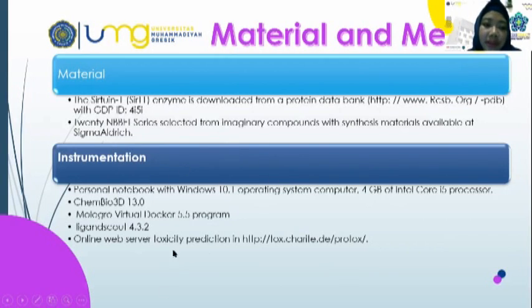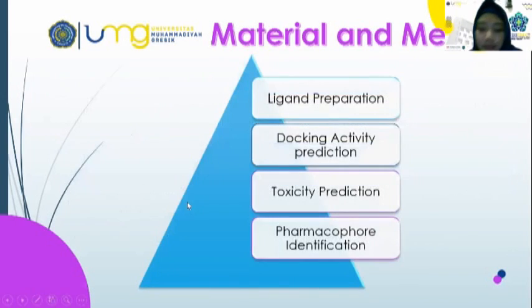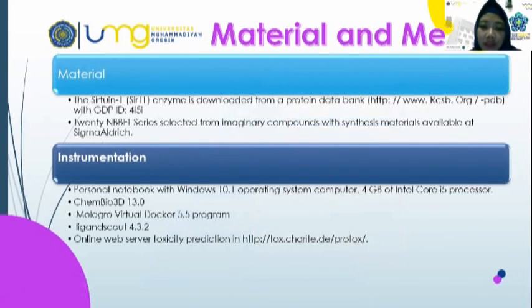For instrumentation, I have a personal notebook with Windows 10.1 operating system, 4 GB RAM, and an Intel Core i5 processor. Then we have done with software such as HSSH 13, Molecular Virtual Docker 5.5, and Ligand Code 4.3.2. And then we used an online web server for toxicity prediction at this address.